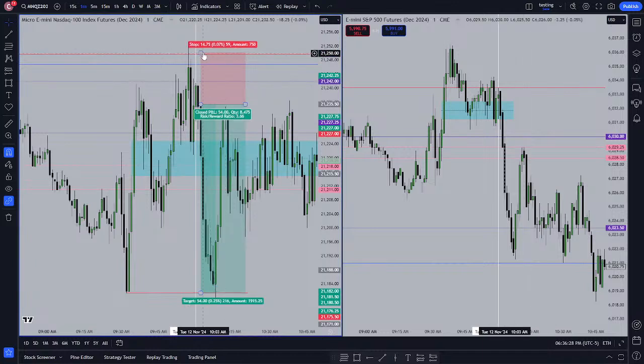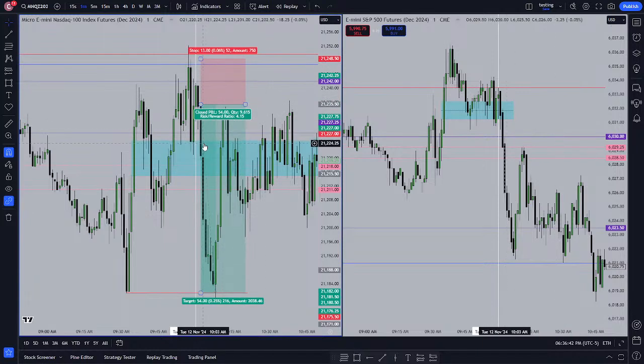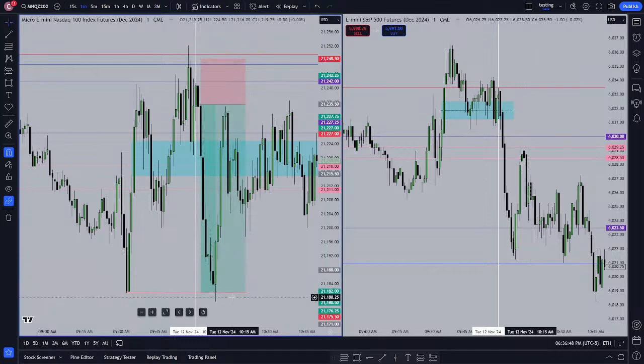And I would put my stop above, maybe 12, 13 right there. And if you don't, you can enter right there. This is the actual trade that I took.